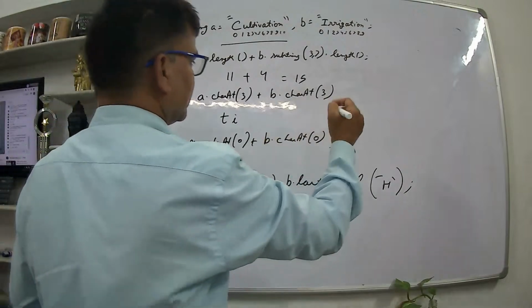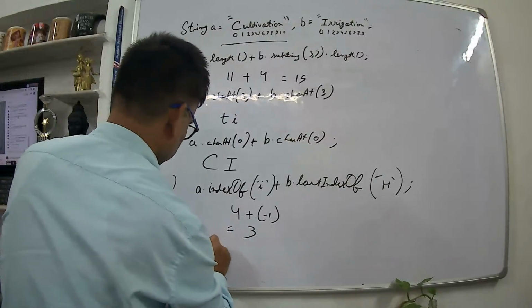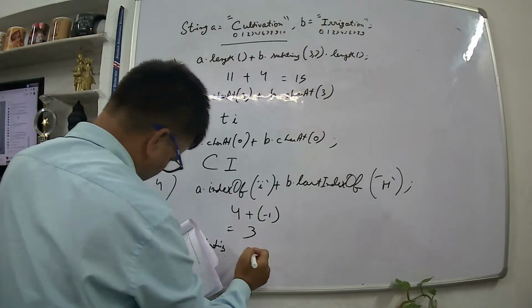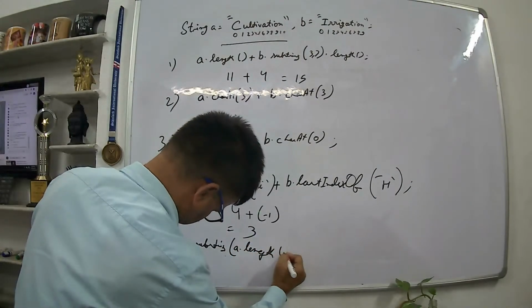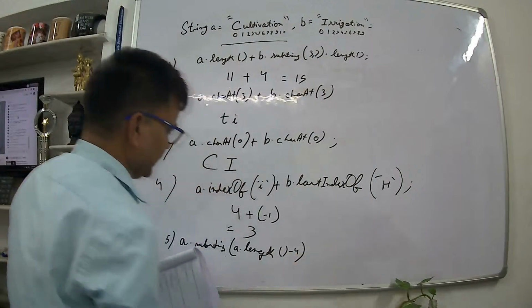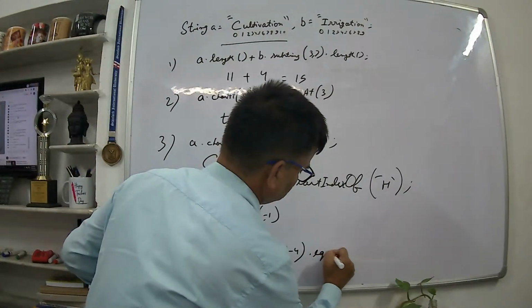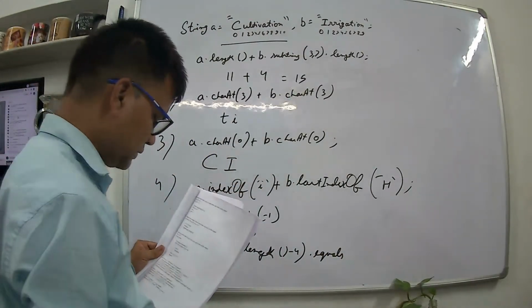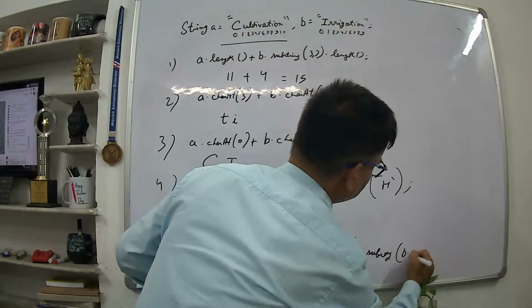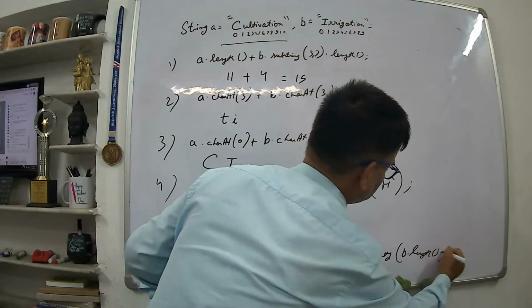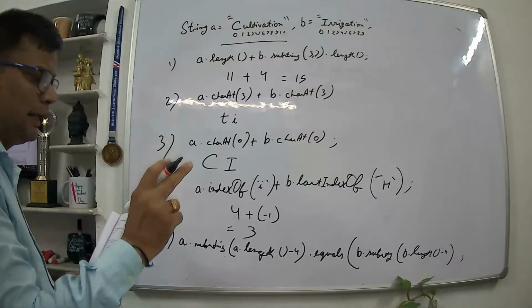Next question is A.substring(A.length() - 4).equals(B.substring(B.length() - 4)).